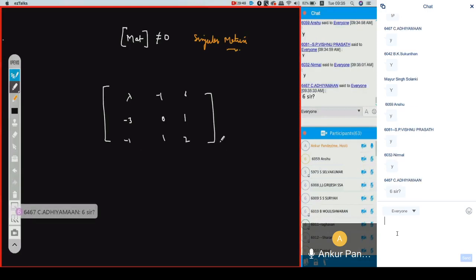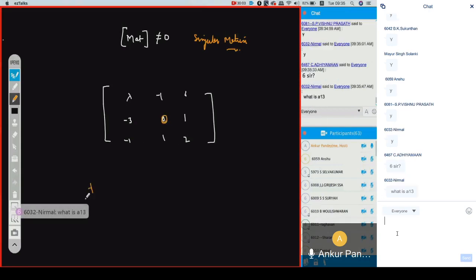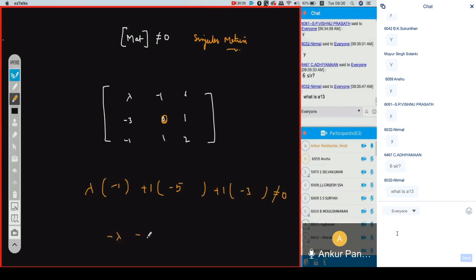Quickly. For what value? Okay, let's calculate. Lambda is equal to 0 minus 1 minus minus plus 1 into minus 6 minus minus 1. So minus 5 plus 1 into minus 3. This should not be equal to 0. So minus lambda minus 5 minus 3.